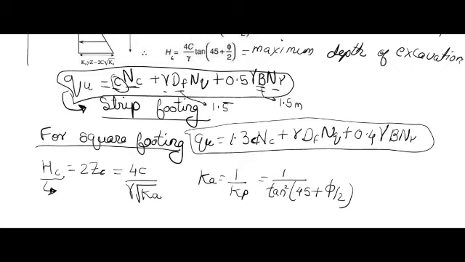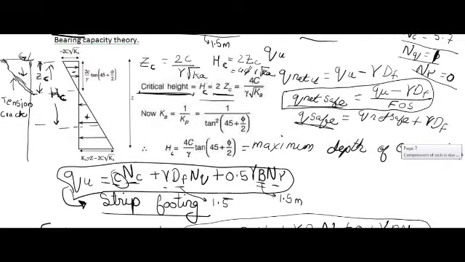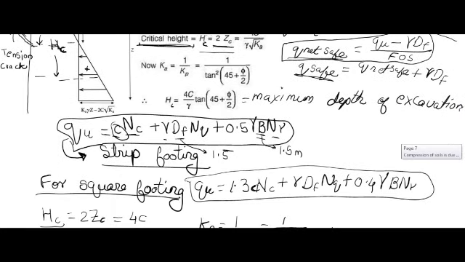So under root Ka becomes 1 by under root of tan square (45 degree plus phi by 2), and that turns out to be tan (45 degree plus phi by 2).